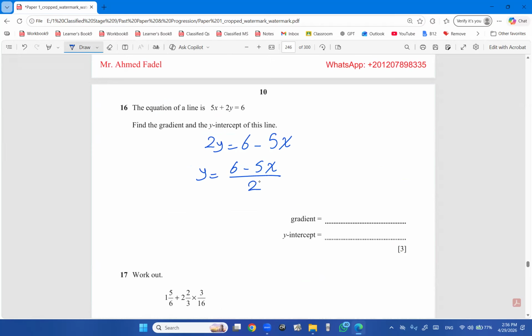The gradient is the coefficient of the x, which is negative 5 over 2, or you can simplify, write negative 2.5. While the y-intercept is the other number, which is the constant over here, it is 6 over 2, which is just 3.